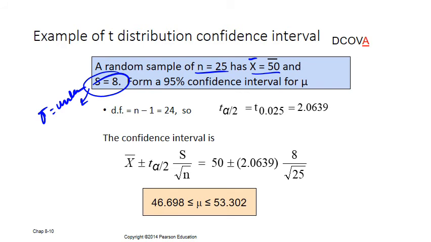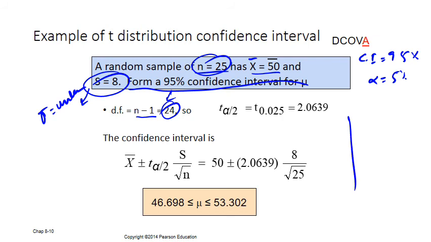So we use the sample standard deviation for a 95% confidence interval. Degrees of freedom is n minus 1, n is 25, so degrees of freedom is 24. For a 95% confidence interval, alpha is the remaining 5%, so alpha by 2 is 0.025, corresponding to 24.